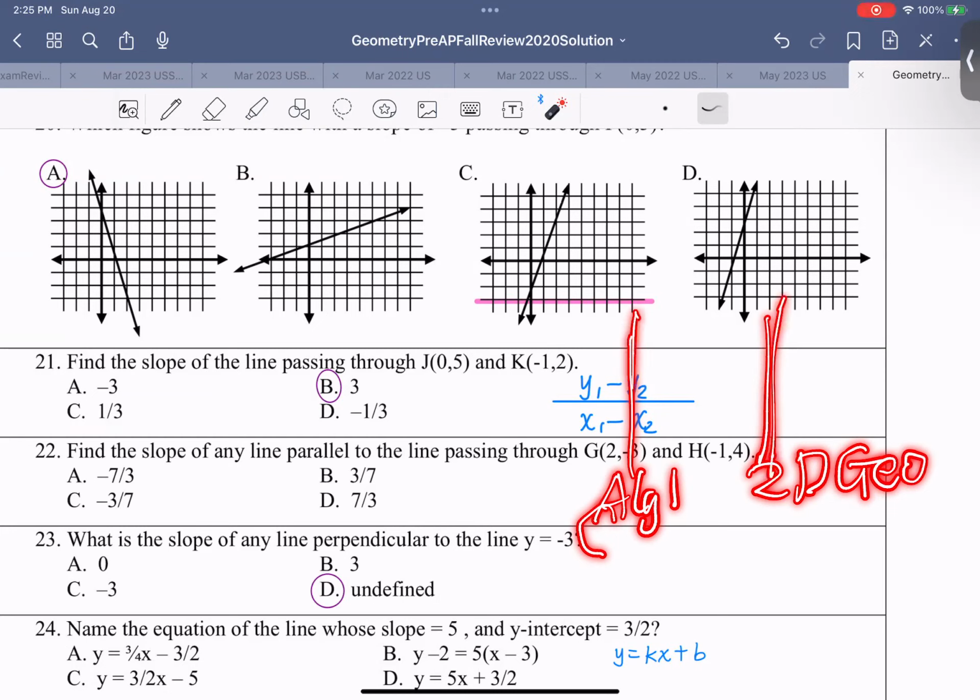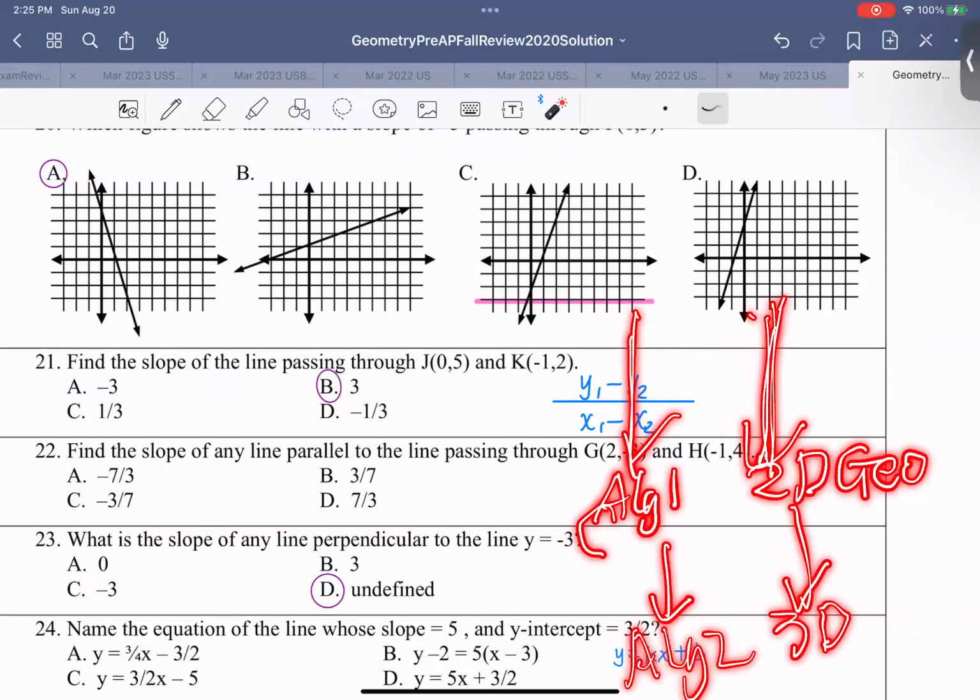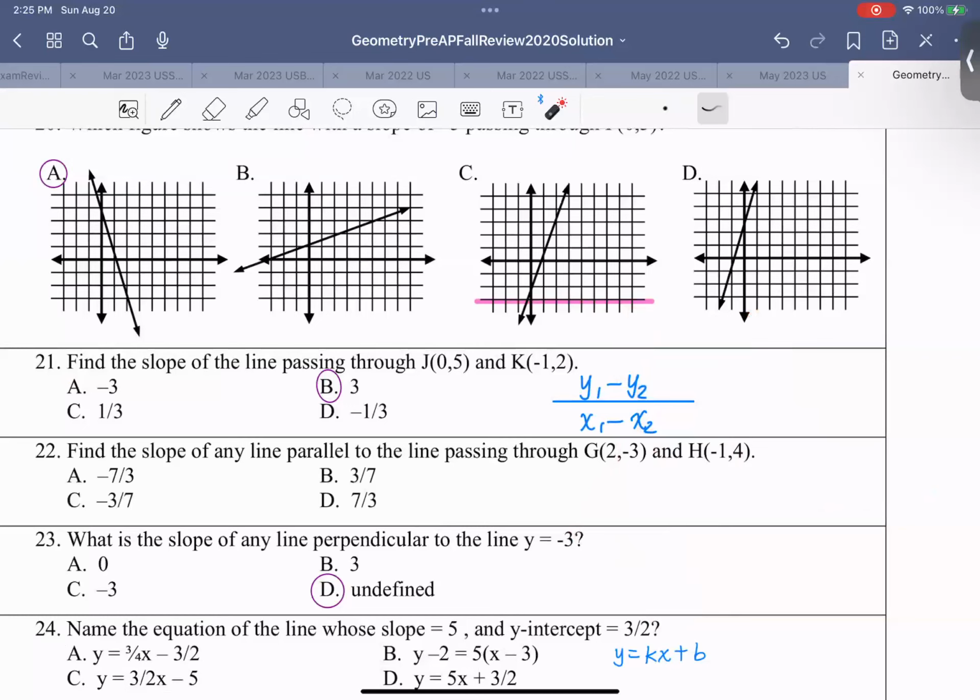You usually have an algebra course and a geometry course at the same time, one class maybe after the other. After you finish algebra 1, we will do intermediate algebra 2, and then we will do 3D geometry. After all this is finished, we will learn analytical geometry.